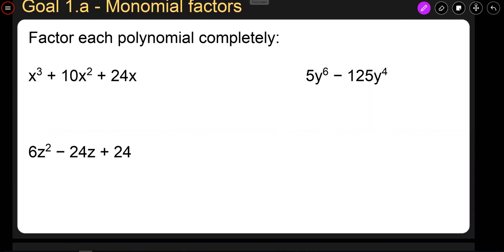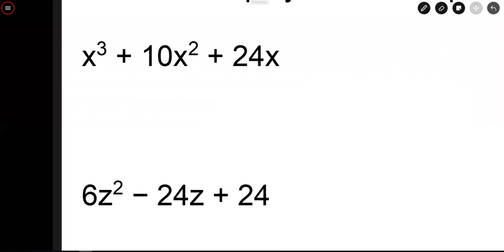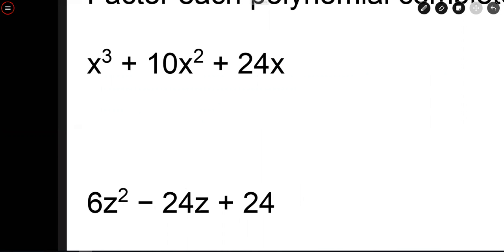I'm going to start off with the one in the upper left. I've got x to the third plus 10x squared plus 24x. If I look at this, I'm just using the ideas from Algebra 1 here, or even possibly before. I can pull a greatest common factor out of all 3 of these terms.